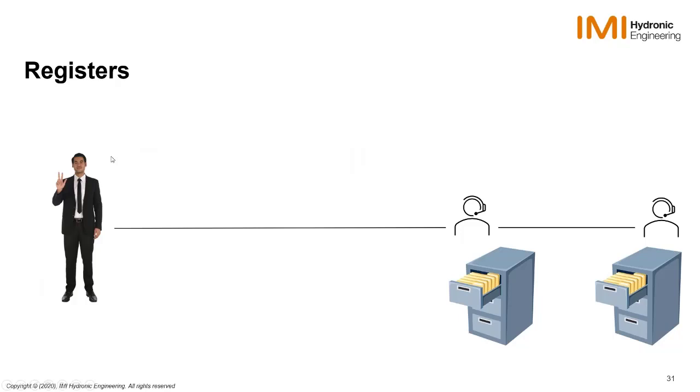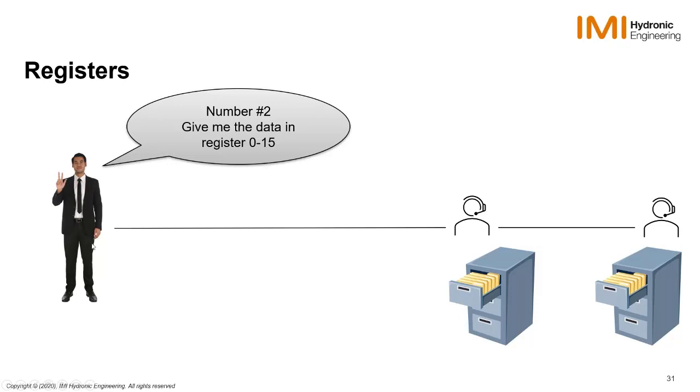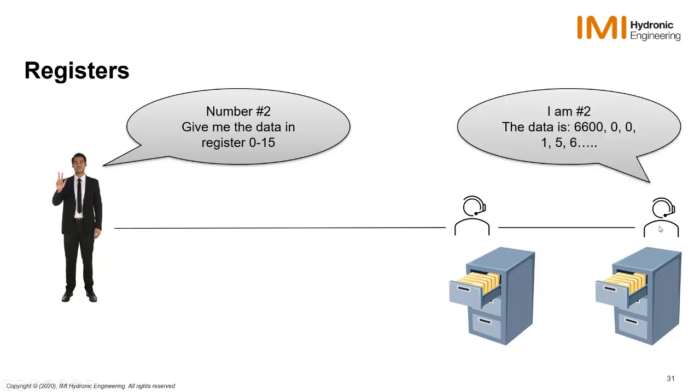So let's look at our simplified graphic again, how it could look. The master will ask number 2, give me the data you have in register 0 to 15. And then slave number 2 will look in the file cabinet and say, I'm number 2, and the data is 6,600, 0, 0, 156.